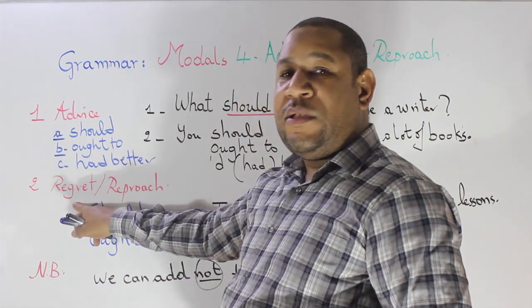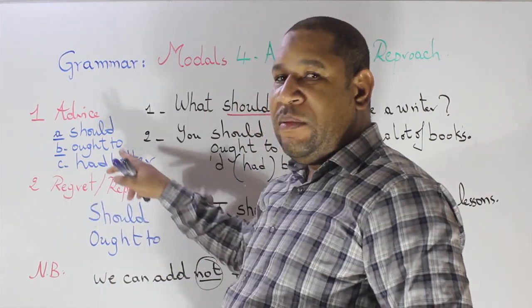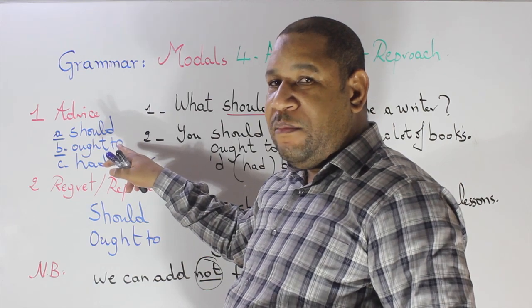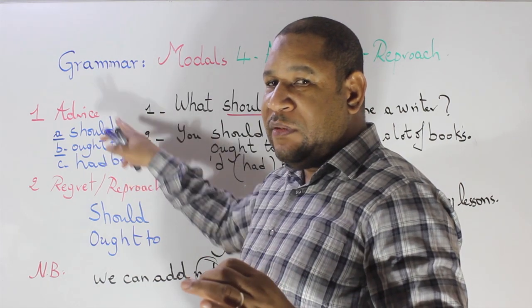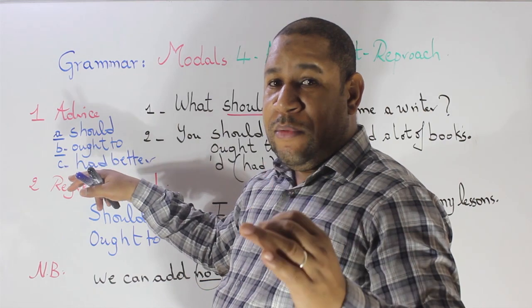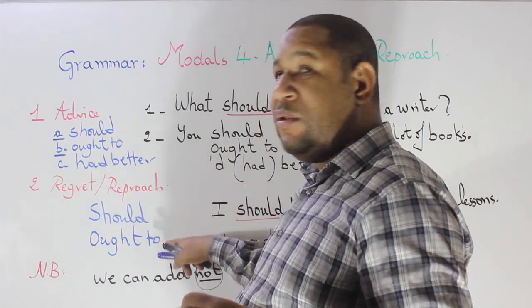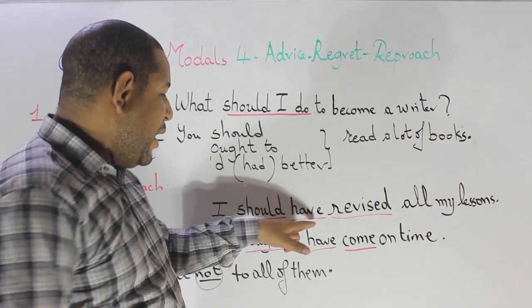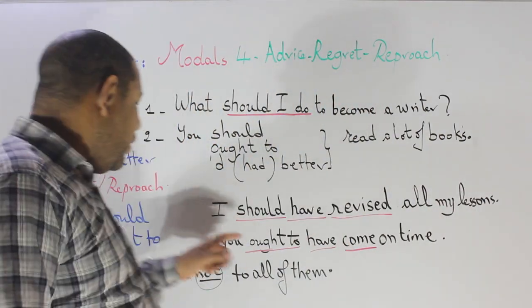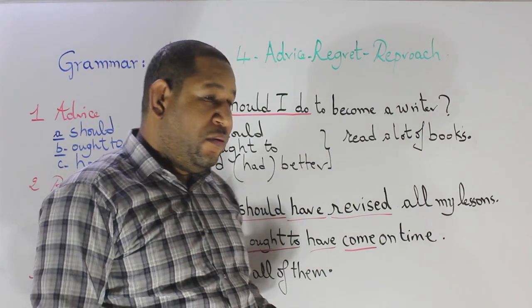Now we move to regret and reproach. So remember, we have modal plus infinitive for advice. The same modal, but we don't have had better. We have should or ought to, plus have plus past participle. I should have revised all my lessons.